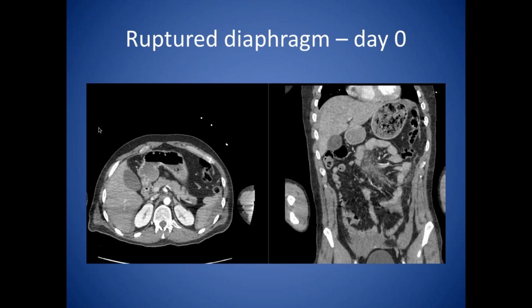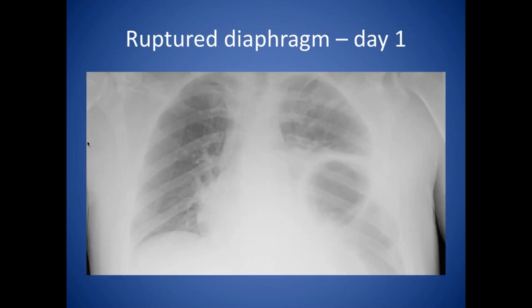The CT scan shows some perisplenic hemorrhage and some perihepatic hemorrhage, but everything else looks okay. Unfortunately, I can't move this mouse, which is obscuring the important bit on this film. But anyway, day one, 24 hours later, the stomach migrates up into the chest.